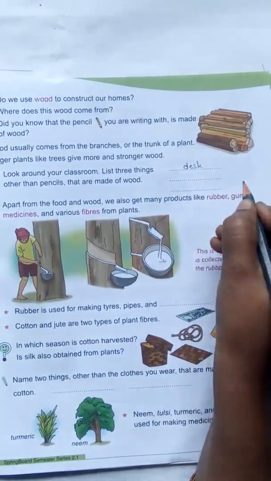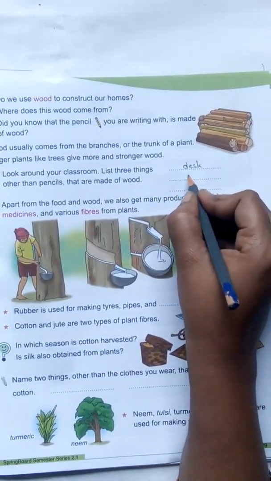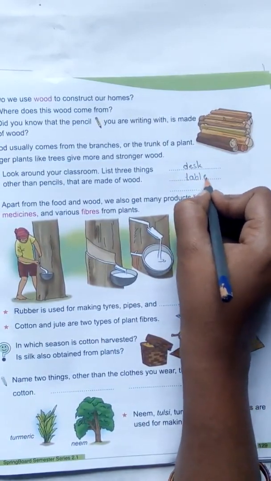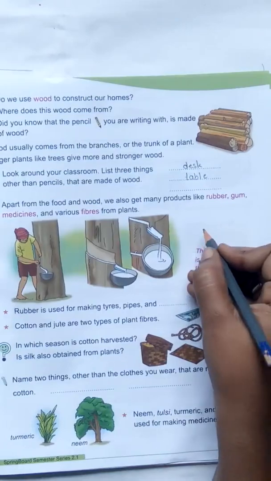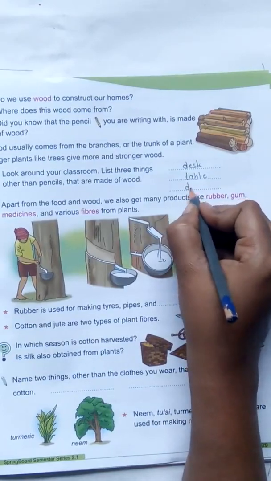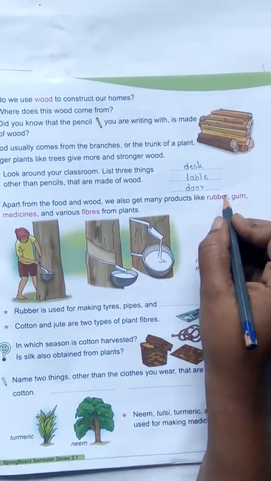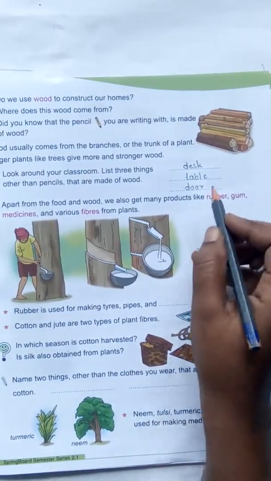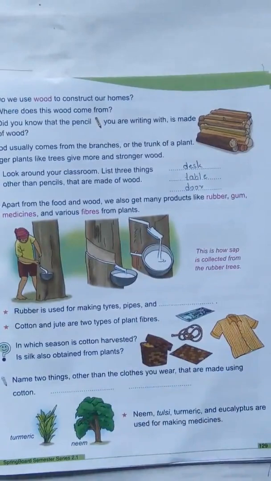Second one, table. Third one, door. These are made of wood. Desk, table, door.